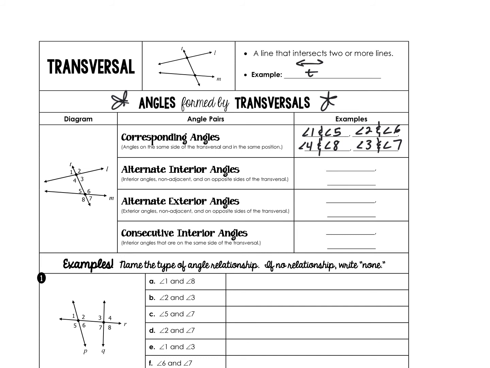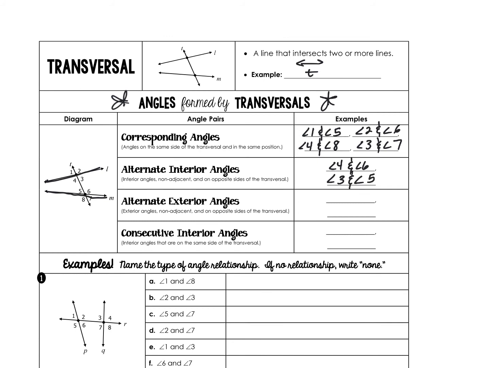All right, alternate interior angles, just like they sound. So these are on the inside of our lines that are intersected. And so alternate interiors are like angle 4 and angle 6, and angle 3 and angle 5. Okay.